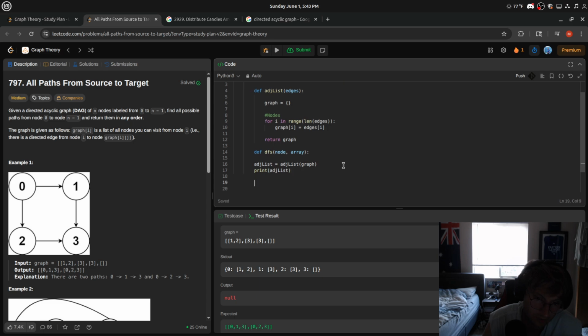Well, we want everything from node 0, so really all we have to call from is backtrack 0, 0, from node 0, and we pass in an empty array, right?